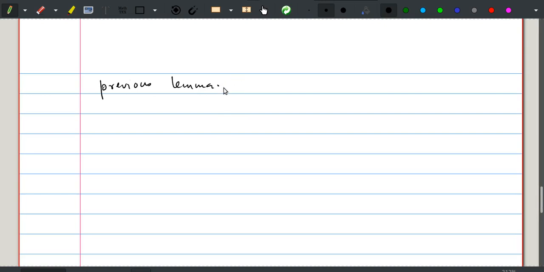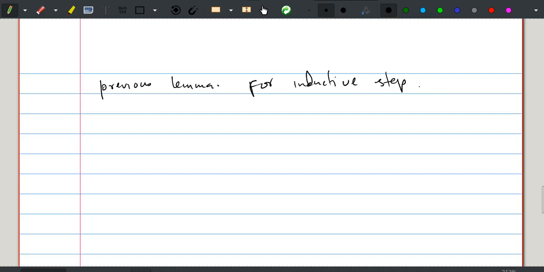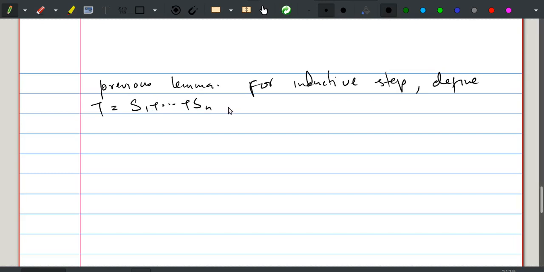For the inductive step, let us define T to be equal to S1 plus so on plus Sn.